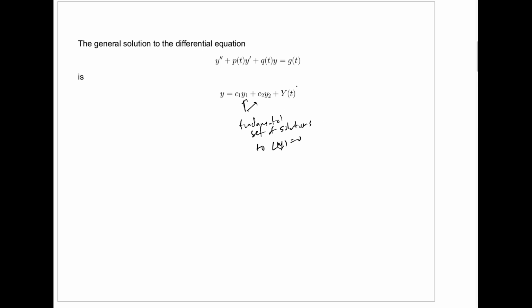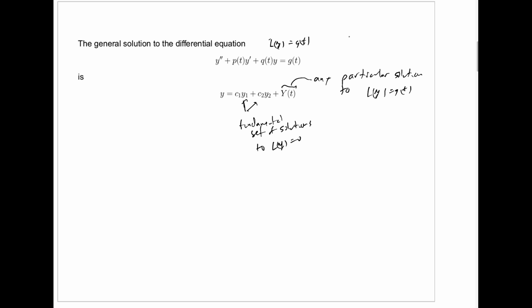And what is capital Y of t here? We can use for capital Y of t any particular solution to the non-homogeneous equation L of y equals g of t. So that's this equation here. This equation is exactly L of y equals g of t.